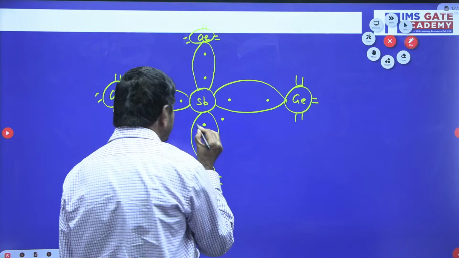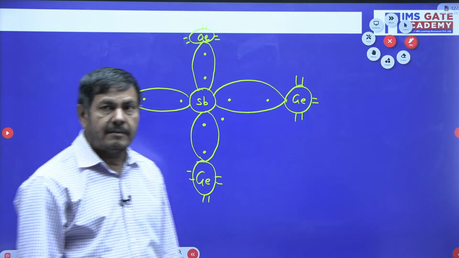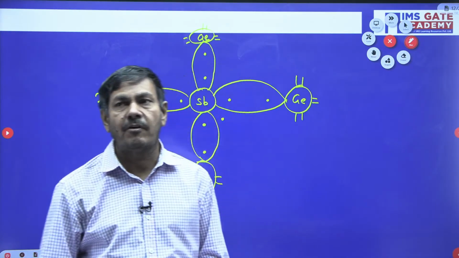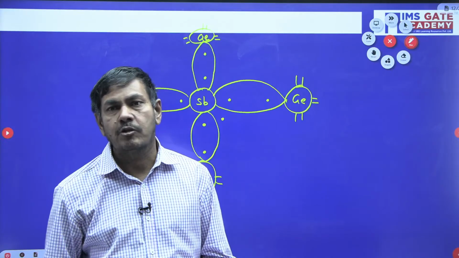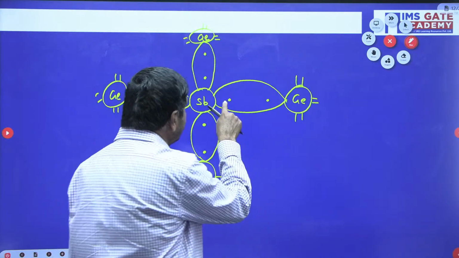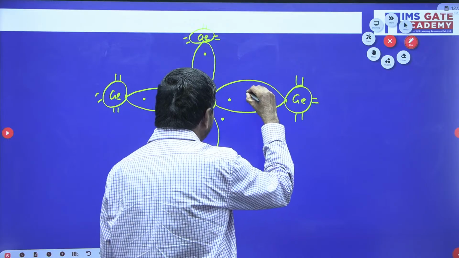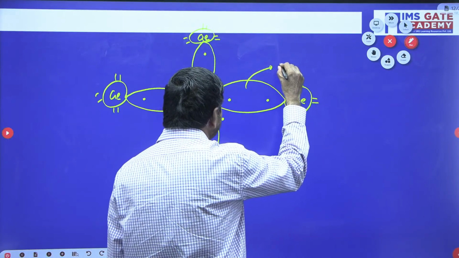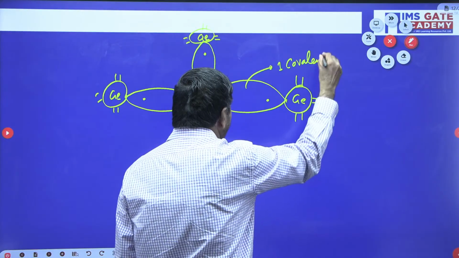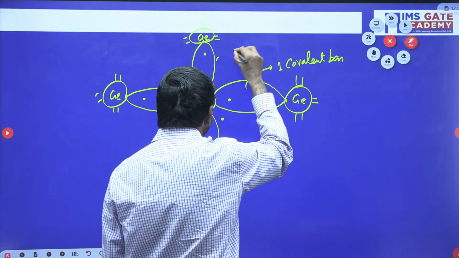In the last class, I explained that when sharing of any 2 electrons takes place, thereby forming a bond, that bond is said to be a covalent bond. Here this electron and this electron are going to be shared, thereby forming one covalent bond. The second covalent bond.